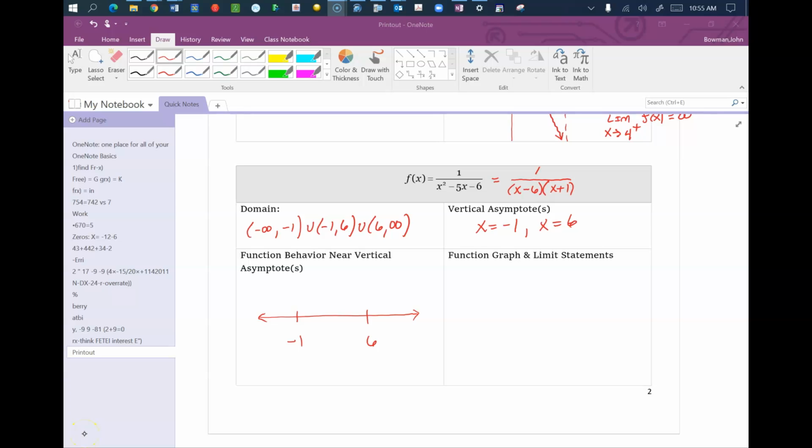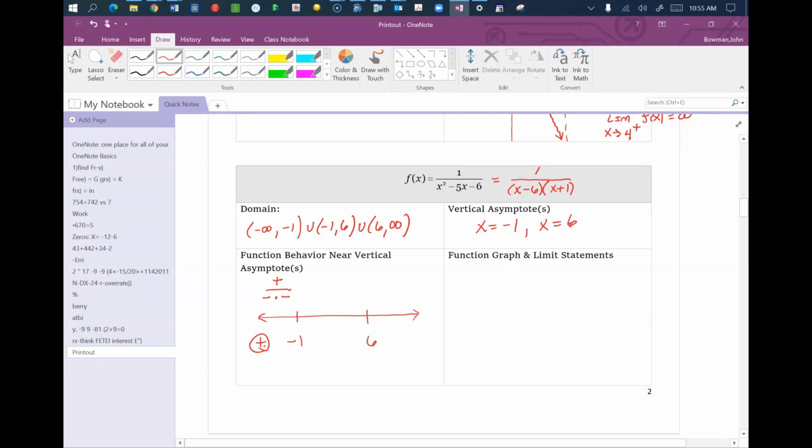So let's start on the left-hand side of the vertical asymptote at -1 and pick a number slightly less than -1, like -1.1. So the numerator is always going to be positive, so we'll just write that down. -1.1 minus 6 is negative. -1.1 plus 1 is negative, so you have a positive divided by a positive, which gives you positive.